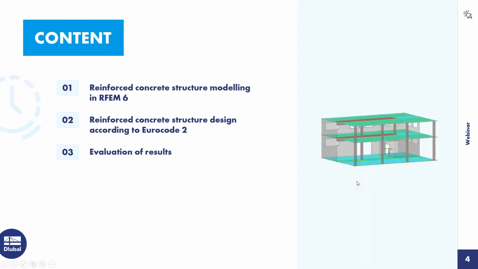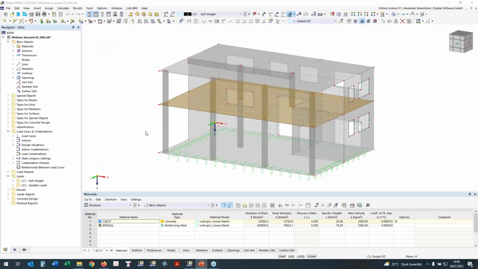I will discuss the results, show how we can work with the graphical displaying of the results, and also how we can print the results into the protocol in the printout report, and document our calculation. I will go now directly into the RFEM structure.